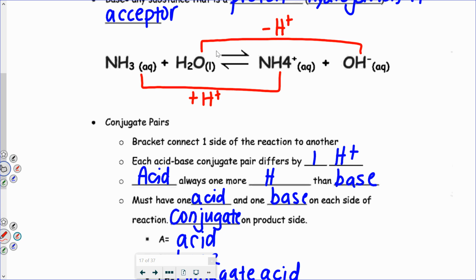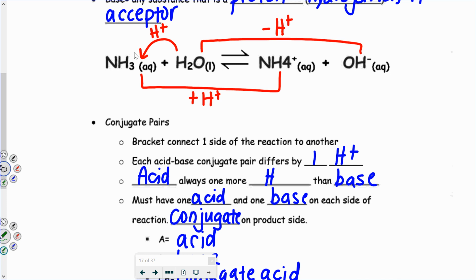So I'm going to write H plus. So the H2O donated, or got rid of, a hydrogen, gave it to the NH3, and that's how you end up with these products. So this got rid of a hydrogen to become OH minus. This took the hydrogen from that water to become NH3, or excuse me, to become NH4 plus.